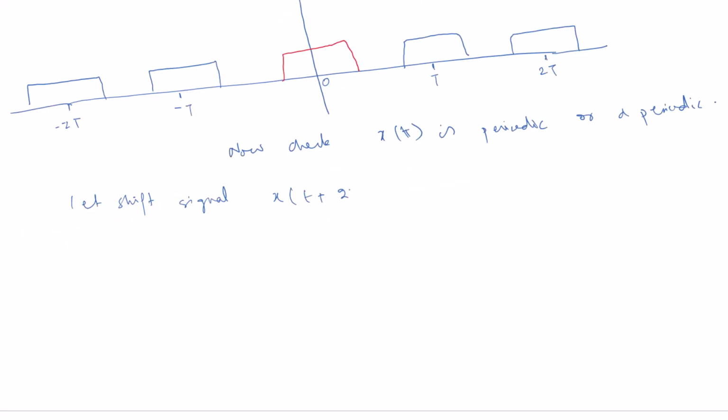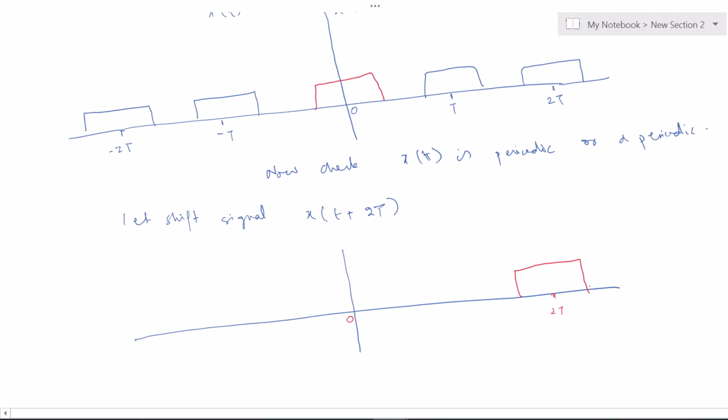x(t) plus 2T. So what happens when we shift the signal to the right? The base signal will move from 0 to 2T, and the whole signal will change its position by 2T.